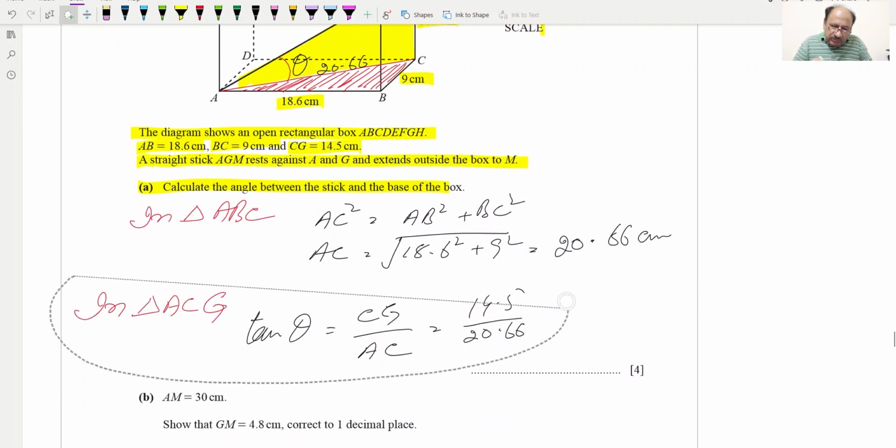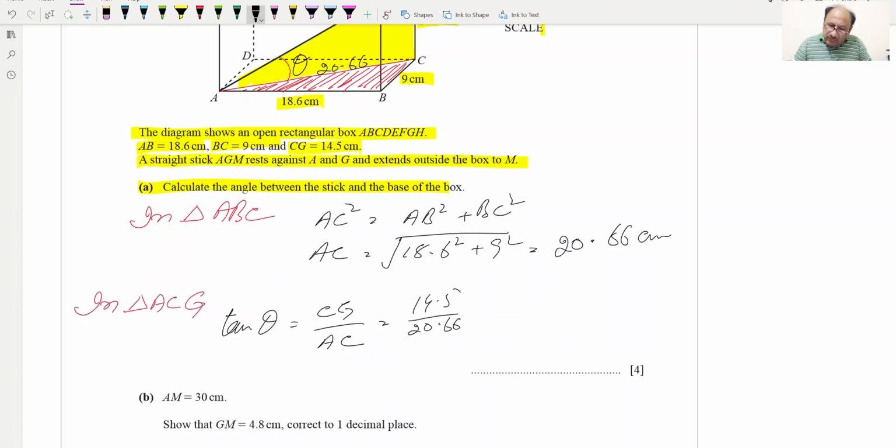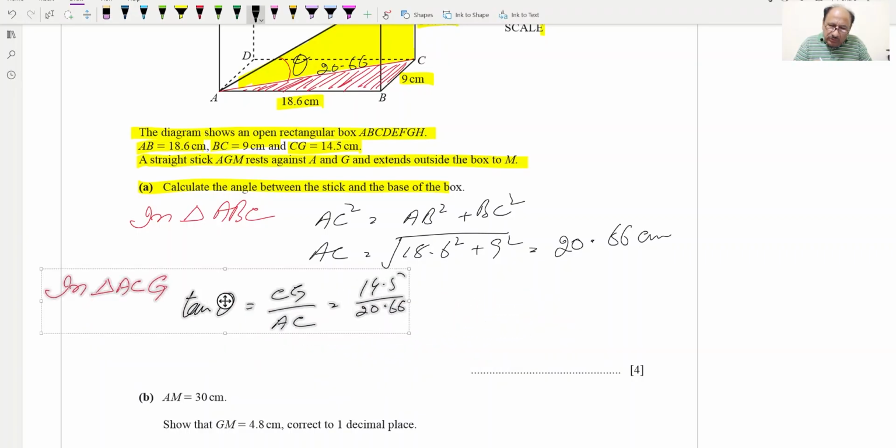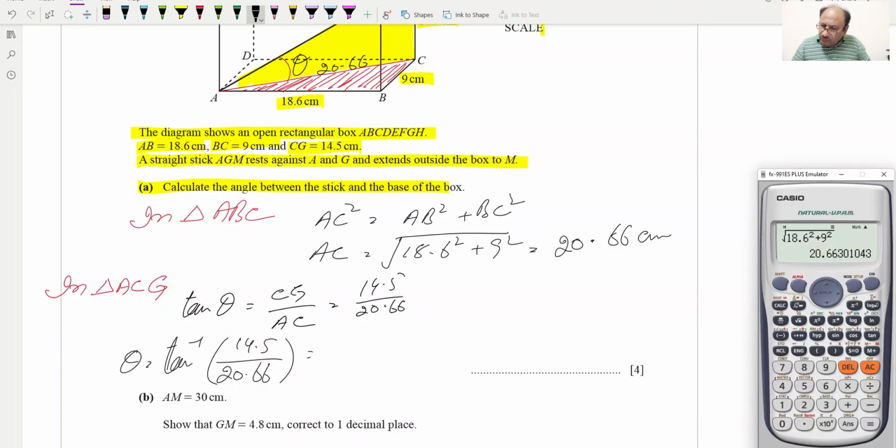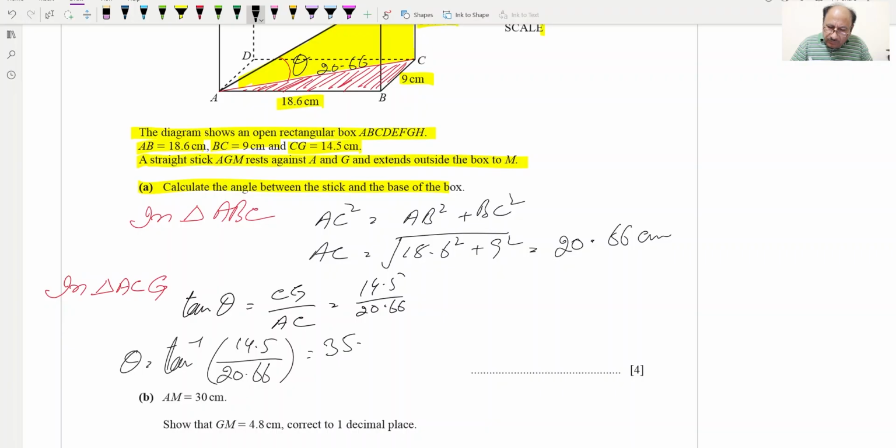We can shift the tan to the other side. So theta is equal to tan inverse of 14.5 divided by 20.66, and this will be equal to 35.06, or we can write 35.1 degrees to 3 significant figures.